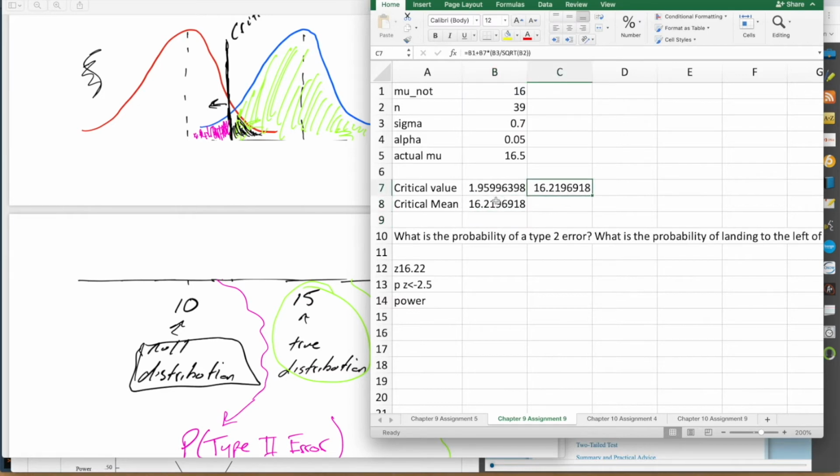And those numbers are the same number. So Excel just did this extra conversion for me. So I did a z statistic and converted it back into these weights by multiplying by the standard error using sigma over the square root of n. But you could also just do it from the actual distribution.